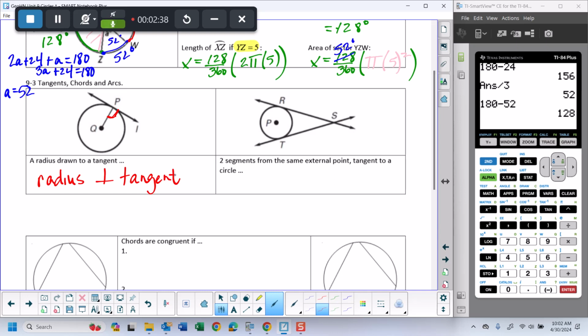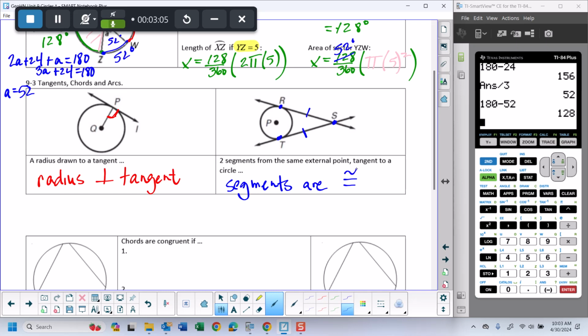If I have 2 segments coming from the same external point and touching my circle at one point of tangency, then that means the segments are congruent. So those are our 2 tangent conversations.